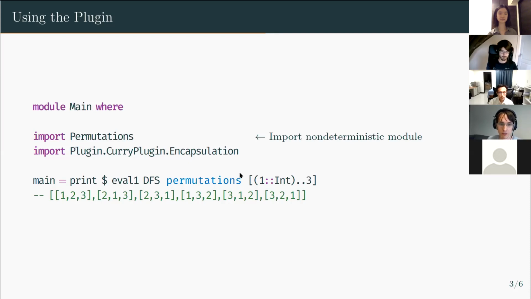This is the function we want to evaluate, and here we apply the argument for our permutation function. This gives us exactly the permutations of our input list, of course. And we could use this result here to further do any more computations on it, like looking up the length of this list or something else.